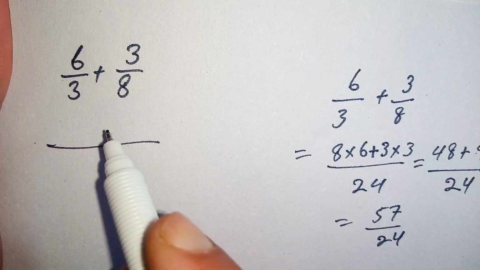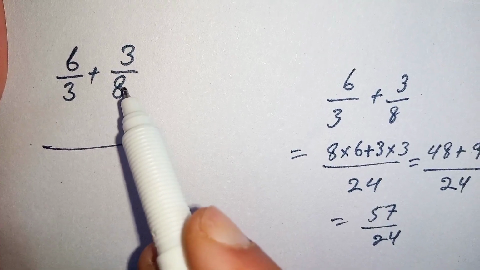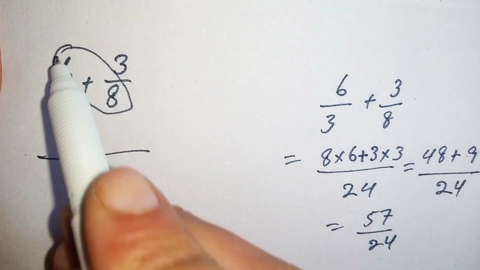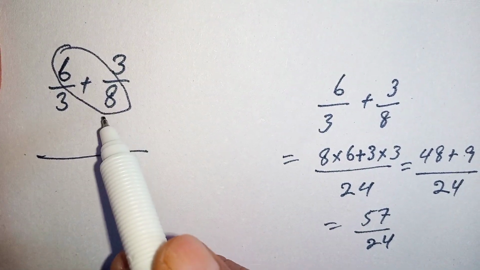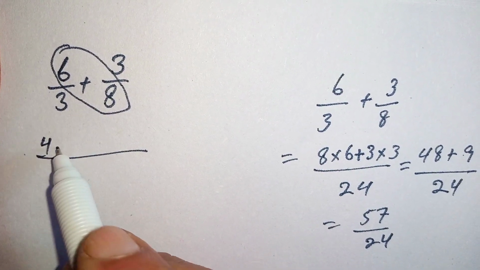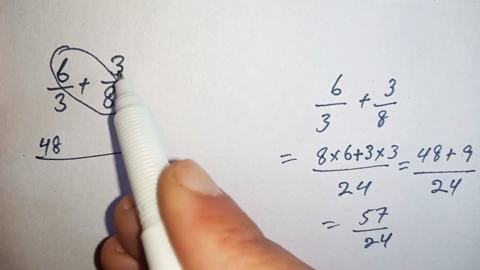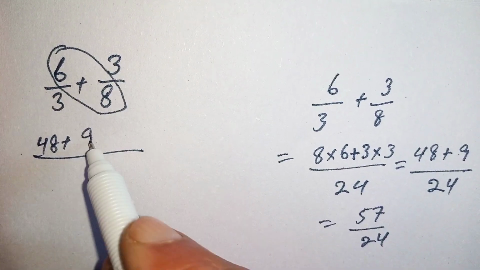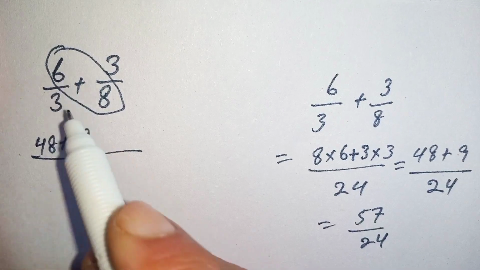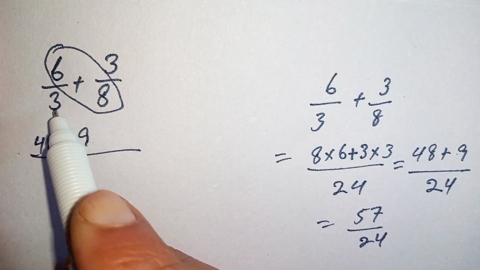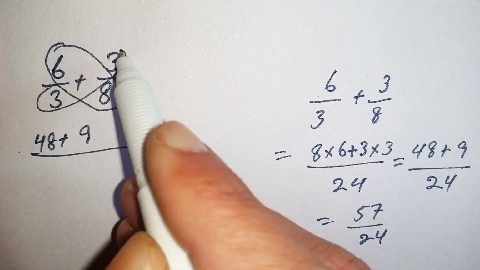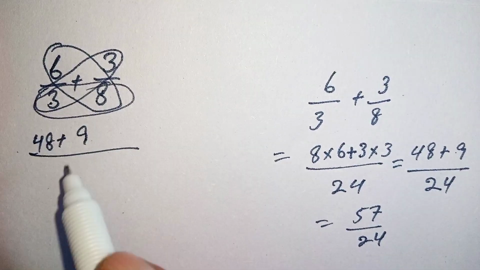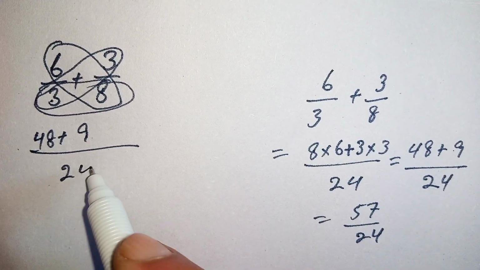Now we see what answer comes from the trick when we add both of these fractions. Simply, we will multiply this 6 with this 8, which is equal to 48, and this 3 with this 3, which is equal to 9. And simply multiply this 3 with this 8, which is equal to 24.